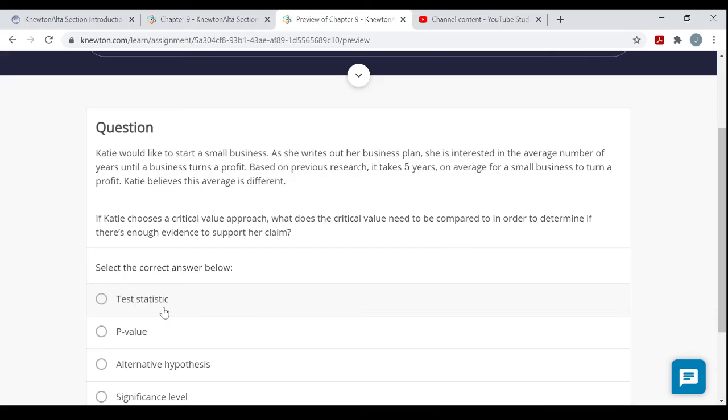And I've mentioned, you're going to compare critical values to that test statistic. You're going to compare the critical value or critical values to the sample's test statistic.